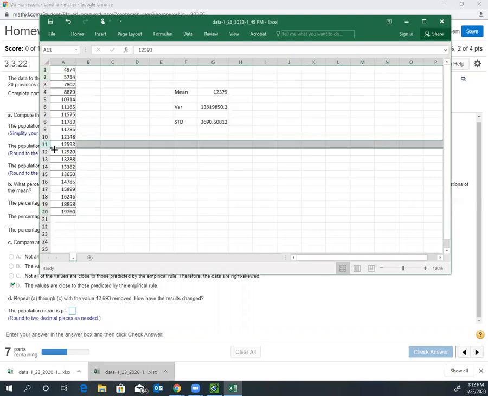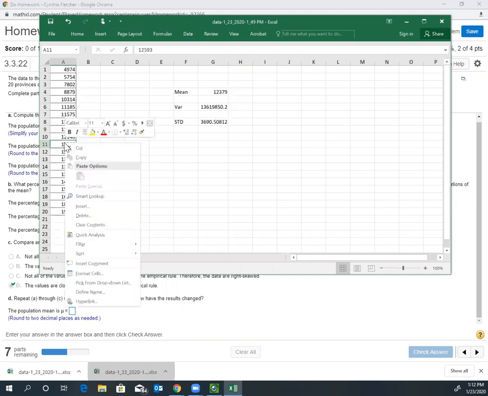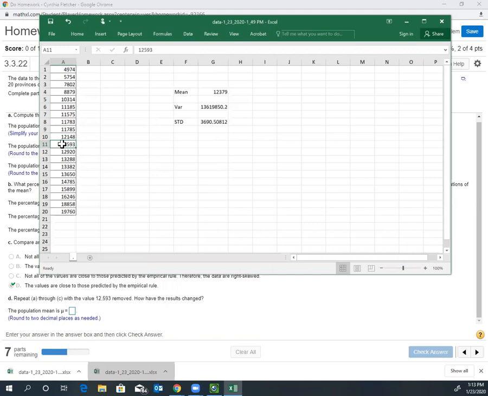There's that data set. And I'm going to do a right click and, let's see, I wonder if it's going to change. Let's just do a delete. Watch these numbers. Let's see if that changes. Yes, it did.